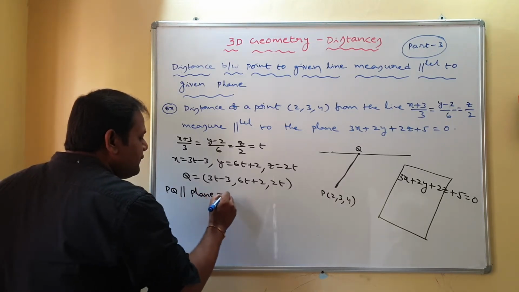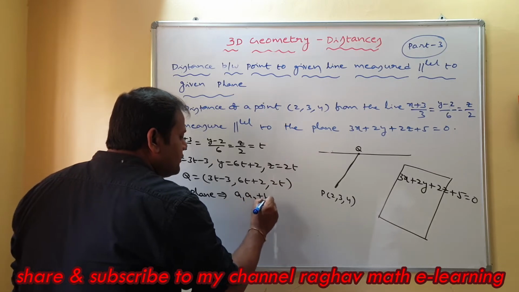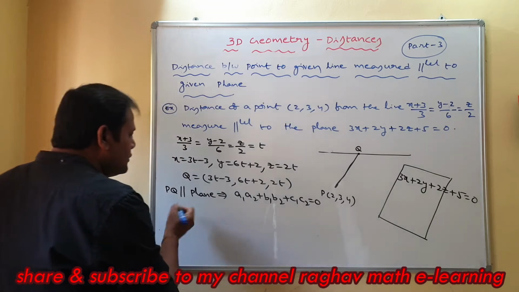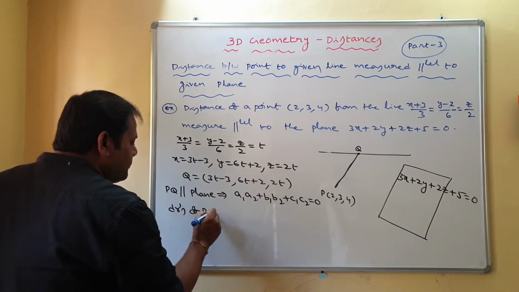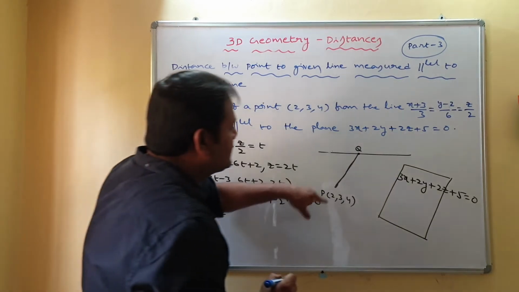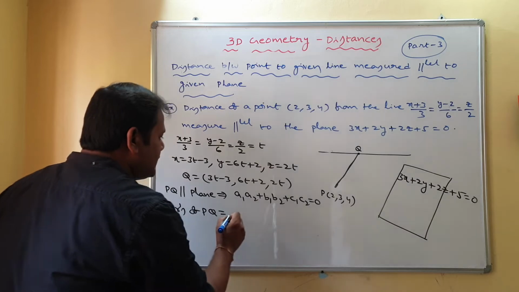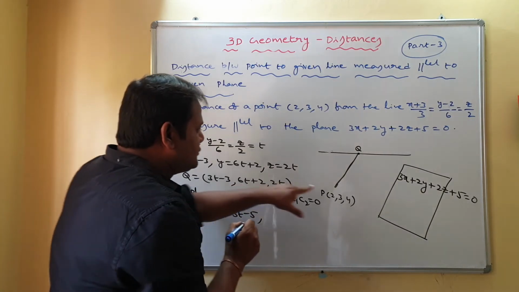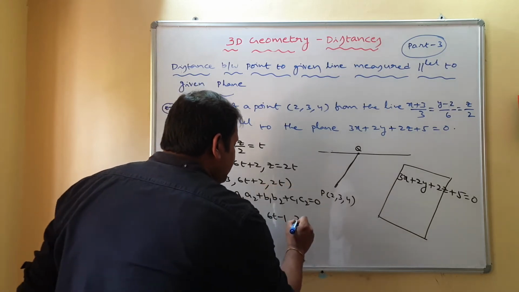Here you see that PQ is parallel to the plane. So if a line is parallel to a plane, what is the condition? A1 A2 plus B1 B2 plus C1 C2 equal to 0. Now take A1, B1, C1 as the DRs of PQ. What are the DRs of PQ? x2 minus x1, y2 minus y1, z2 minus z1. That is 3t minus 5, 6t plus 2 minus 3, 2t minus 4.